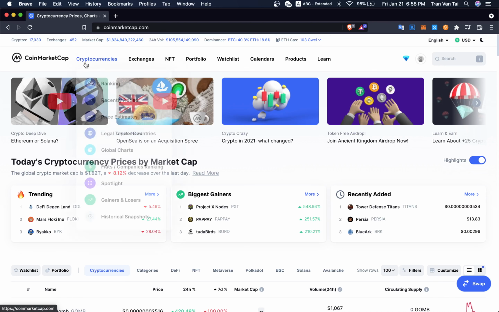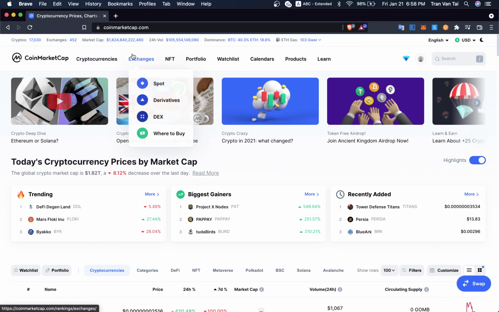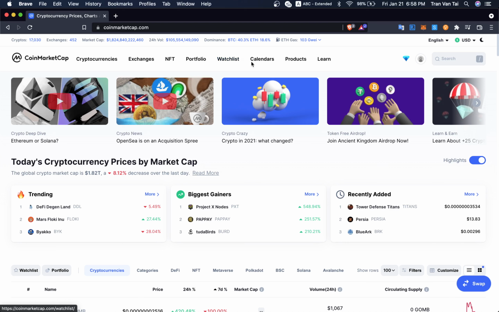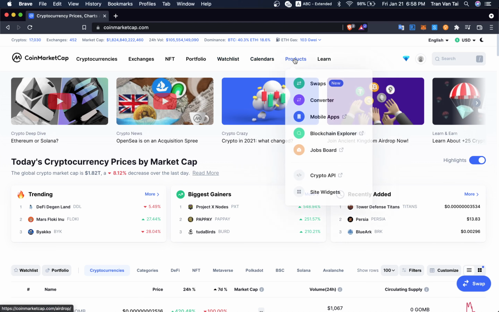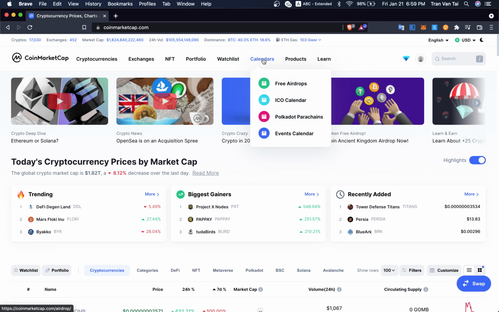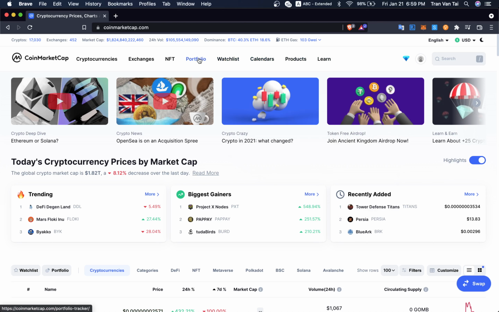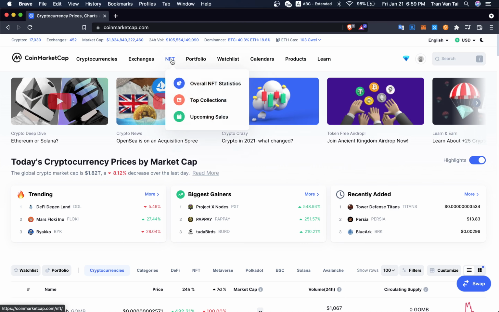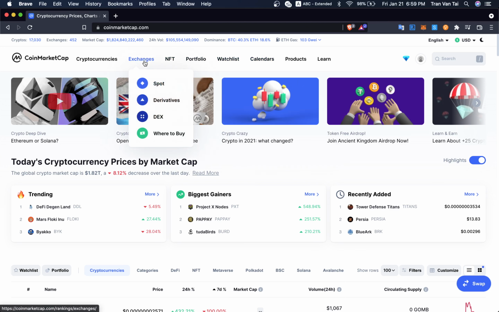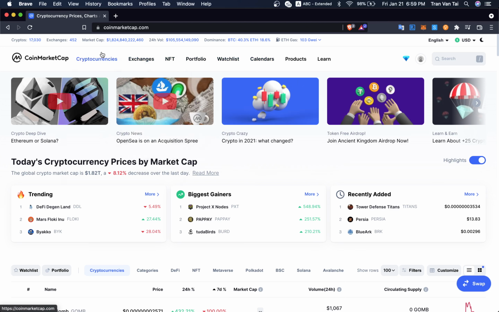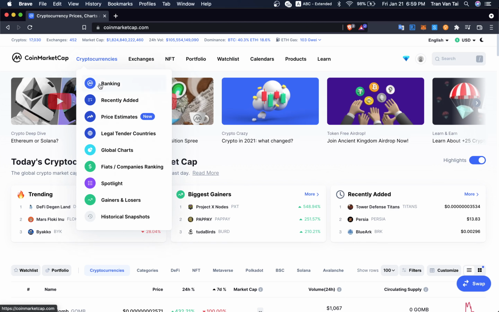In the menu section, you can see here there are many functionalities you can work with, or you can enter and see some content in each menu. For example, about cryptocurrency, you can view by ranking, or recently added, or estimated, or local charts, spotlight.